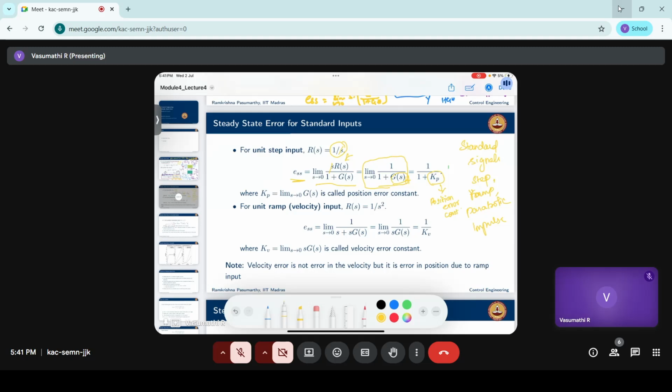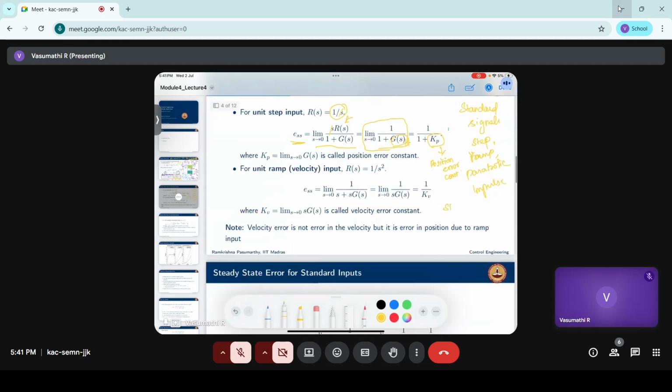Why is it called the position error constant? Let's take these 3 different signals we are considering. If you want to get a ramp signal from the step signal, what will you do?